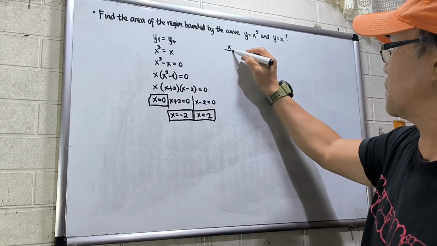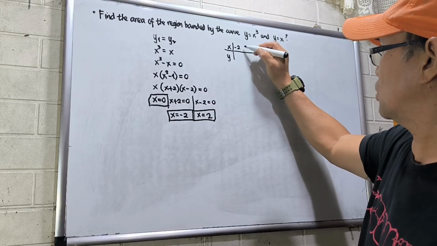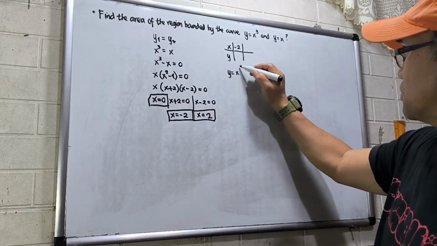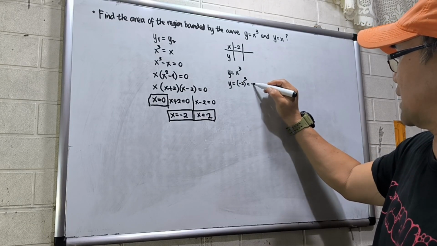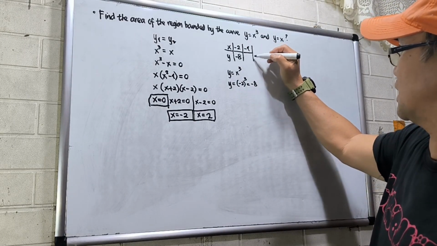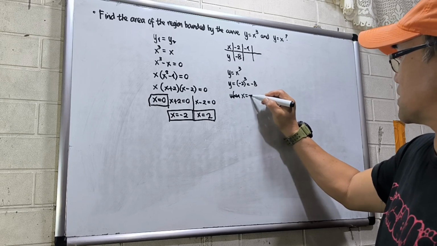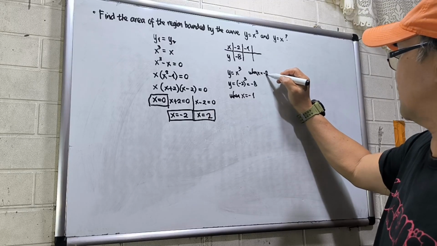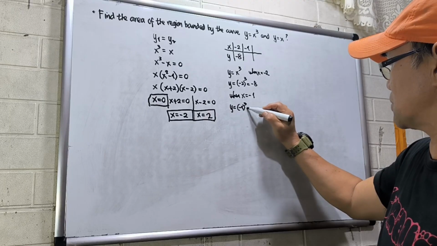So this will be x and y. I will start from negative 2. y equals x cubed, so y equals negative 2 raised to the power of 3, which is negative 8. Then negative 1. Actually, this is ascending. When x equals negative 1, y equals negative 1 cubed, so this will be negative 1.